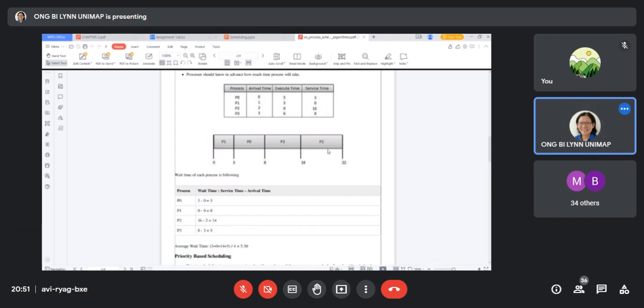Again, there is some mistake over here. You should be doing P0 first because P0 comes into the queue at 0 seconds. P1 has not yet entered the queue; P1 only arrives at 1 second.